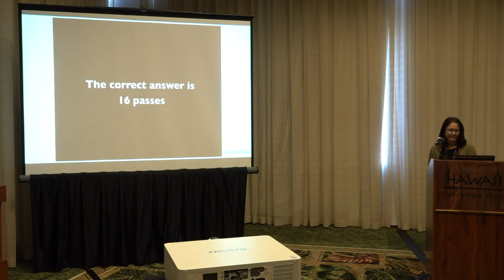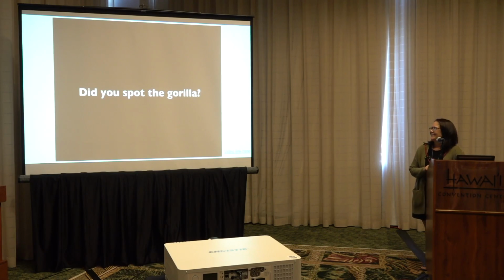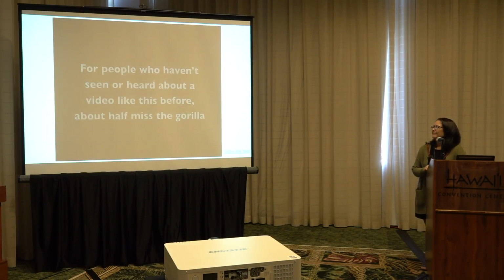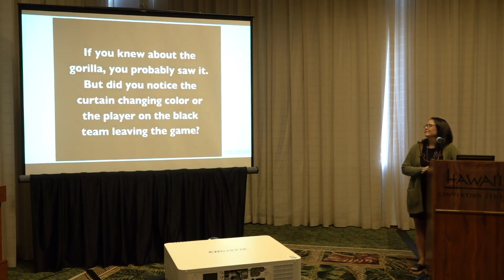The correct answer is 16 passes. Did you get it? Did you spot the gorilla? For people who haven't seen or heard about a video like this before, about half miss the gorilla. If you knew about the gorilla, you probably saw it. But did you notice the curtain changing color or the player on the black team leaving the game?